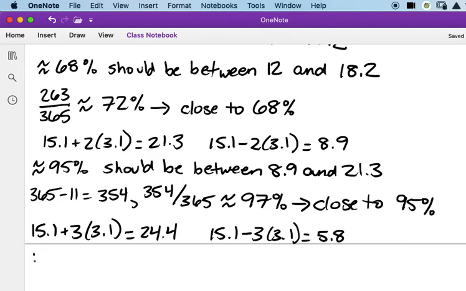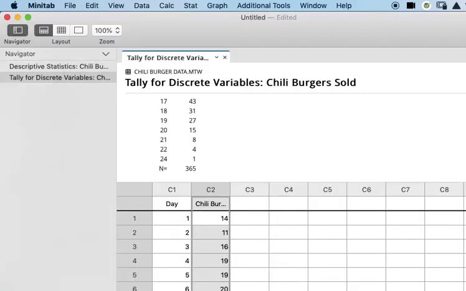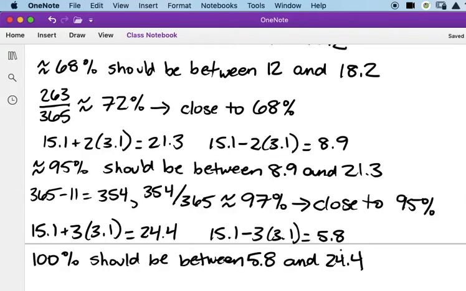So virtually all of the data, 100% of the data, should be between 5.8 and 24.4. And if I go back to my data set one last time and look at my tally chart, I see that there's nothing less than 7, so nothing less than 5.8, and nothing greater than 24. So nothing will be greater than 24.4. So the 100% value also checks out.